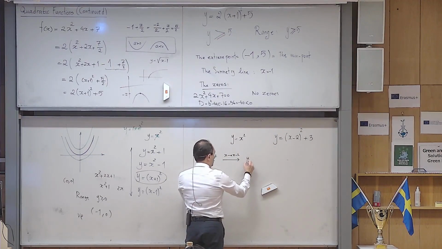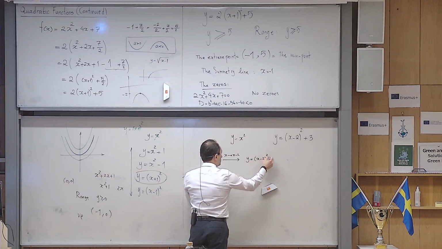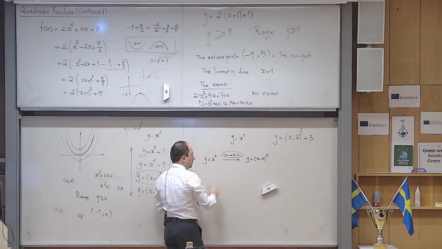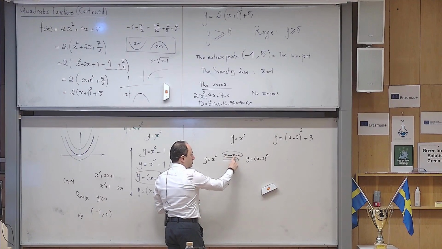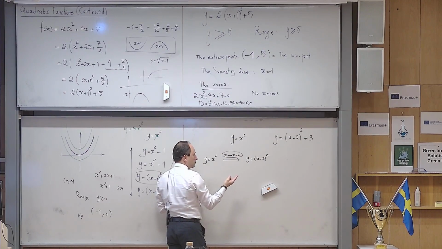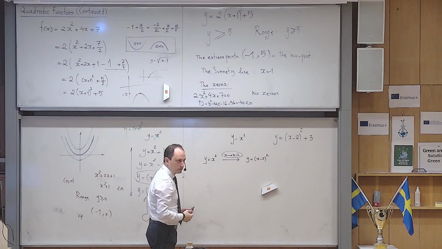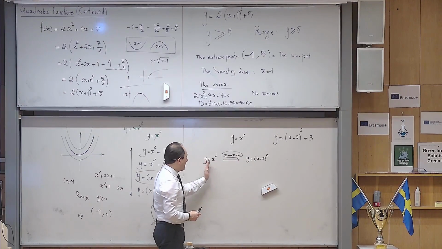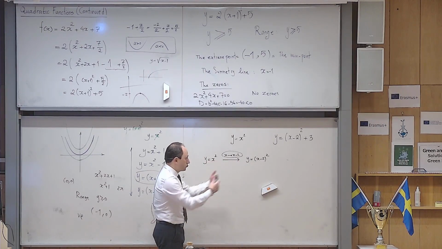What is the effect of this kind of transformation? x is changed, so the shift should be horizontal. How many units? 2 units. Which direction? To the right, because this is negative. So this transformation will shift my graph 2 units to the right.